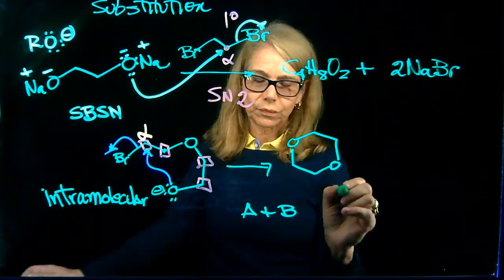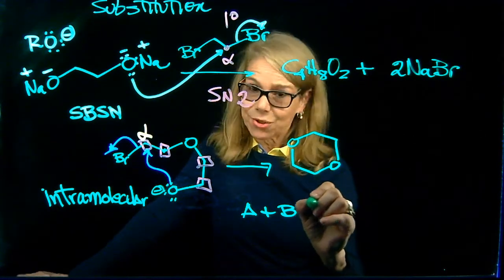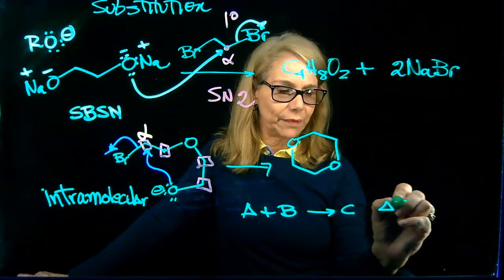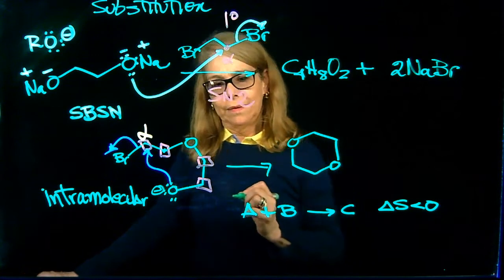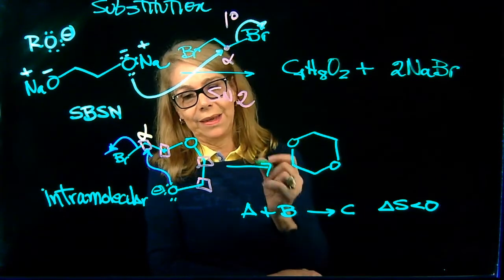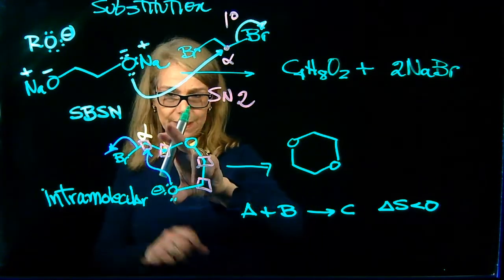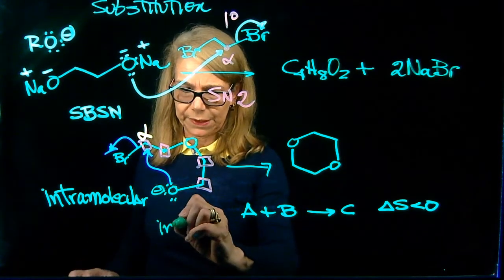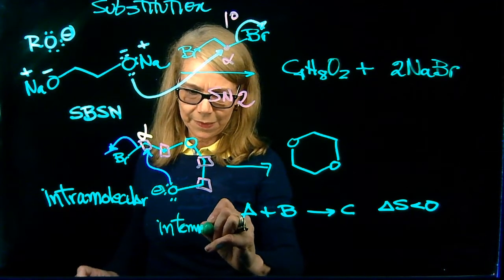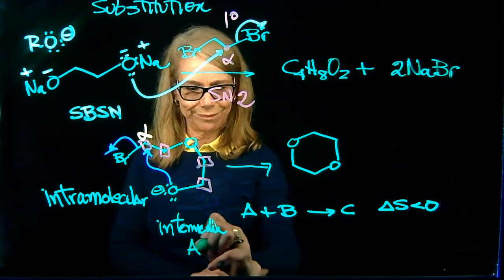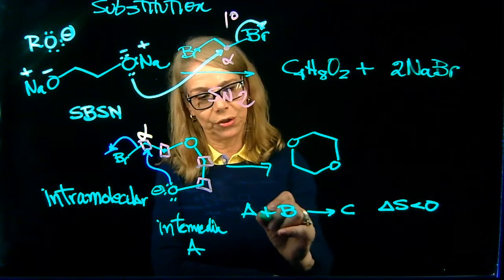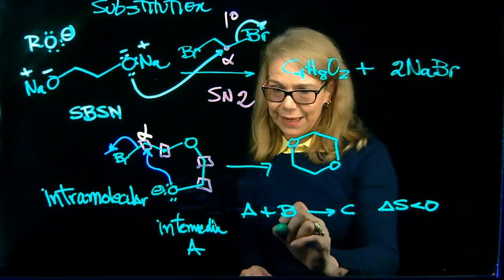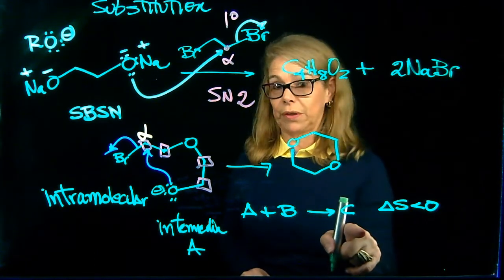Notice that when we have two molecules being combined into one, there is a decrease in entropy. So now, if you had in the second step this, I'm going to call my intermediate A. If I have an external molecule, another of these, attacking A, I will have a decrease of entropy.